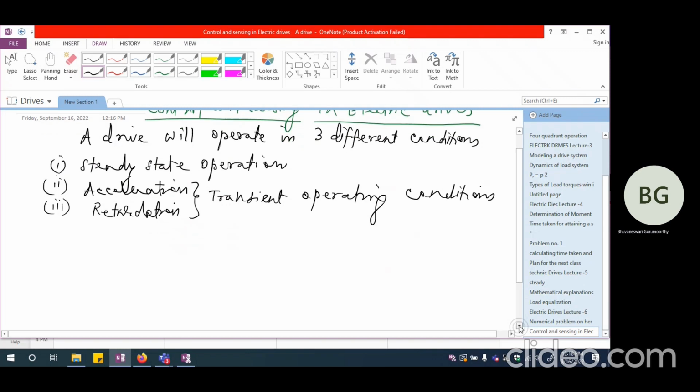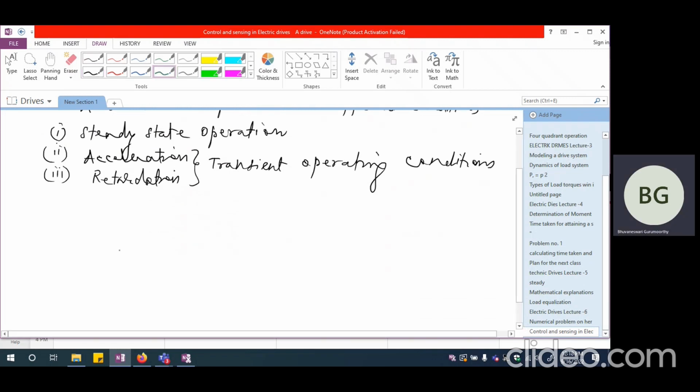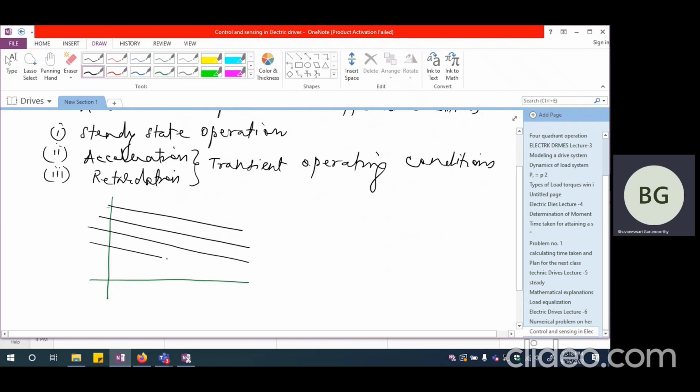So if I take, for example, an induction motor drive or a separately excited DC motor drive, we are going to have the characteristics somewhat like this. In the normal operating condition, these are the kinds of characteristics we are going to have for a separately excited DC motor drive or a three-phase induction motor drive.